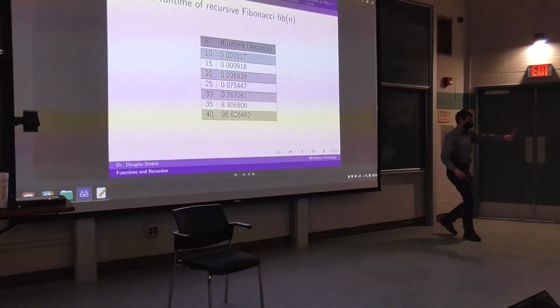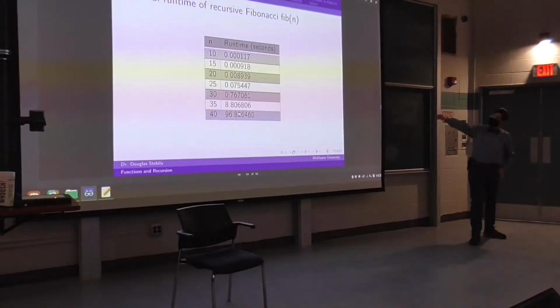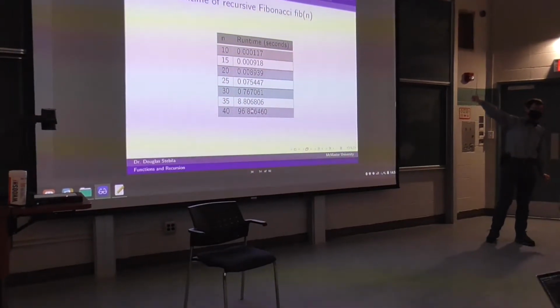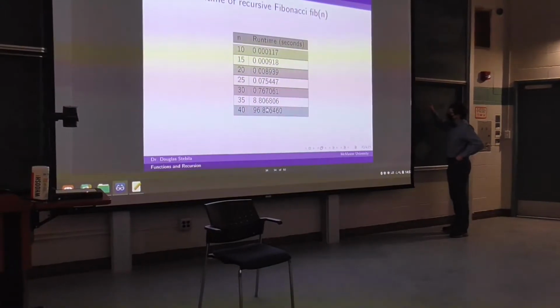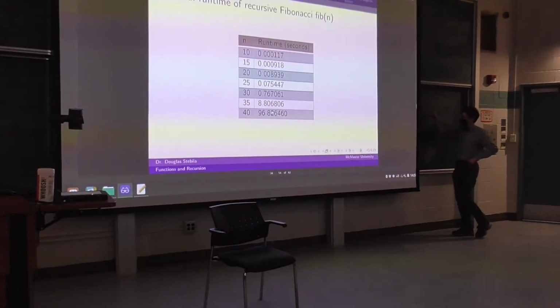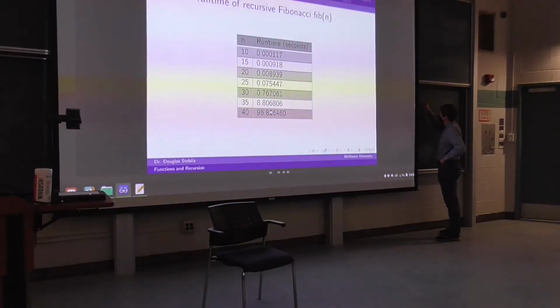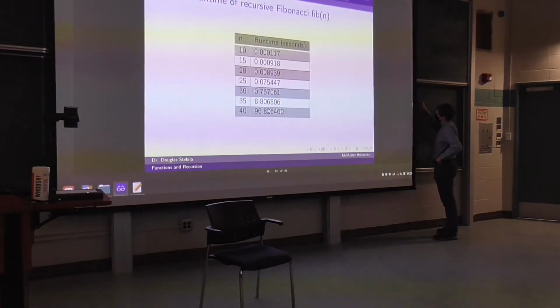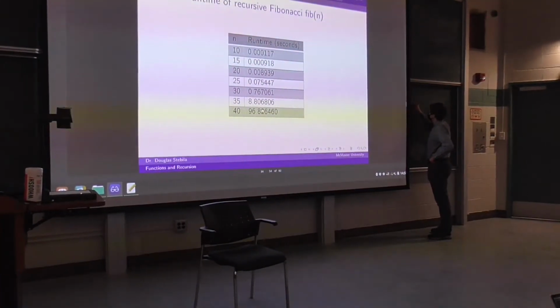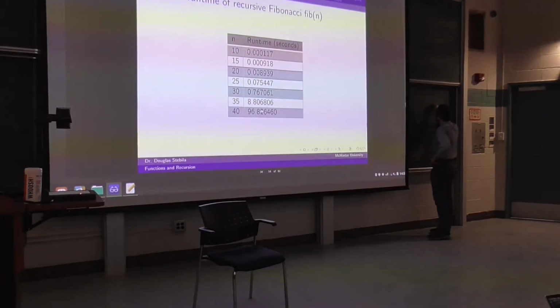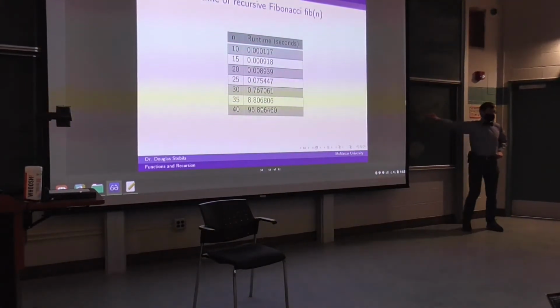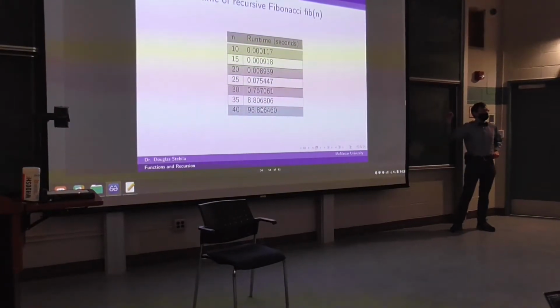So, in reality, when you measure runtimes like this, you'll derive a formula that's something like an squared plus bn plus c for some constants a, b, and c, right?